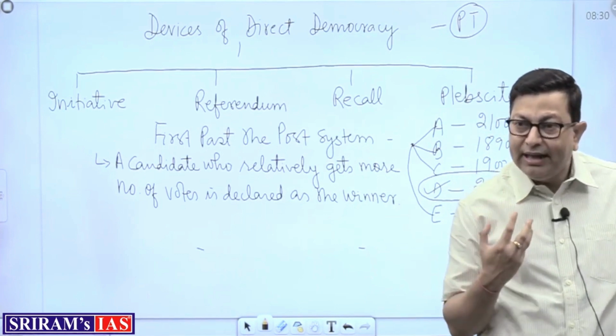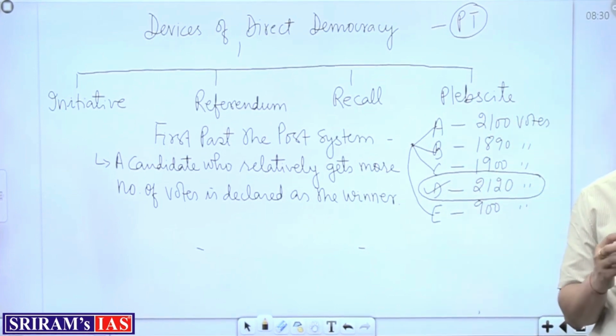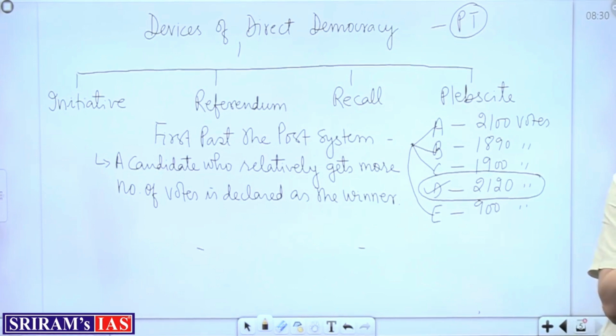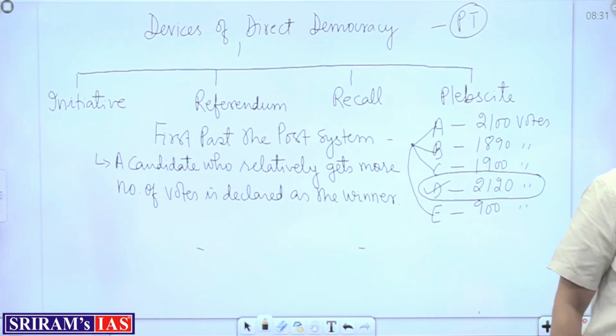Now, where is it used? Basically, it is used in case of constitutional laws in Switzerland. You can write as a note: Direct democracy is in practice to some extent in Switzerland.